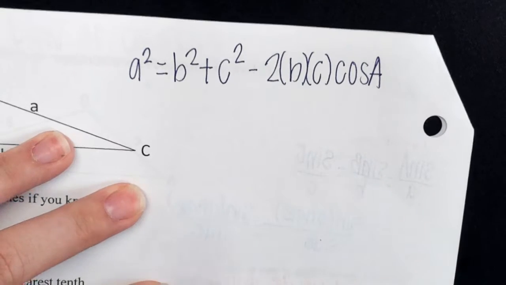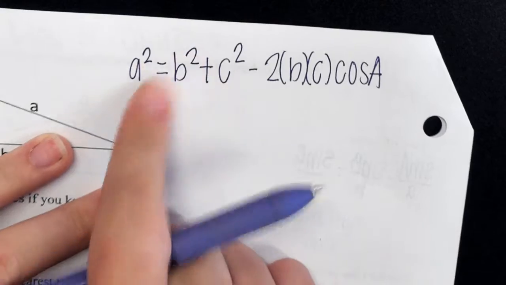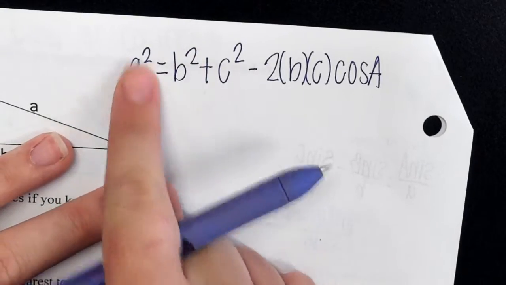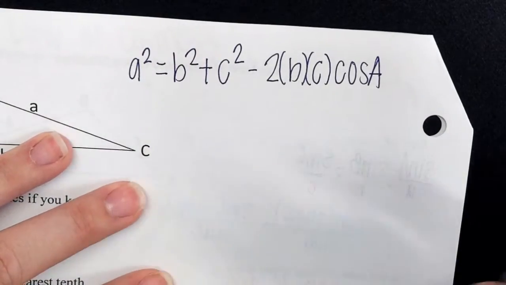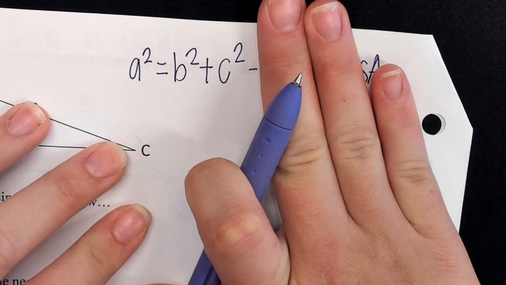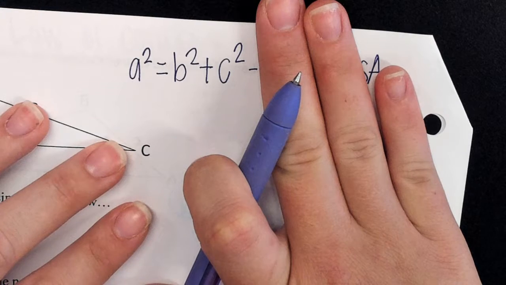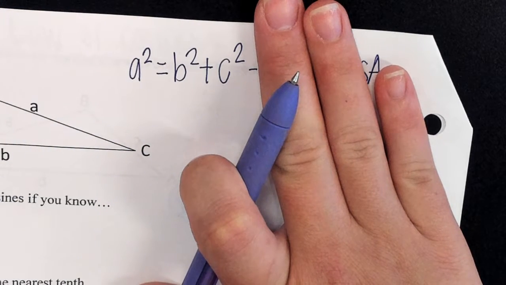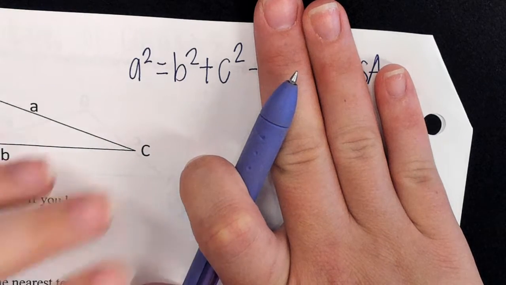So if you typed in law of cosines on Google, what would pop up is this. Let me tell you about the different parts of this law right here. Doesn't that look like something familiar? When we use Pythagorean theorem, what are you always plugging in for A, B, or C? Sides or angles? Sides.